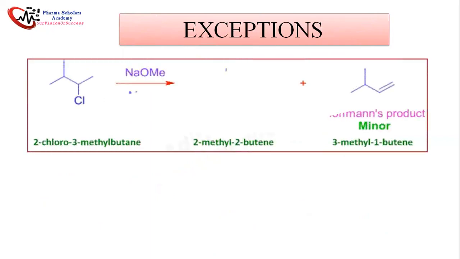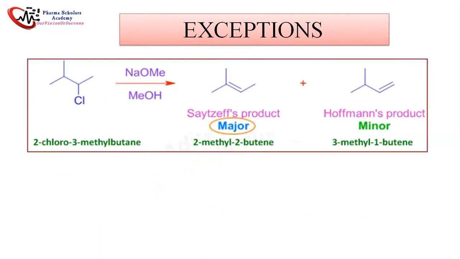But the Saytzeff rule has one exception. Normally the Saytzeff rule says that the most substituted product is the Saytzeff product and is the major product, and the Hofmann product is the less substituted alkene and the minor product.